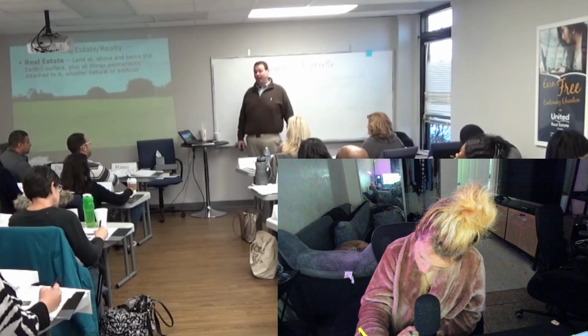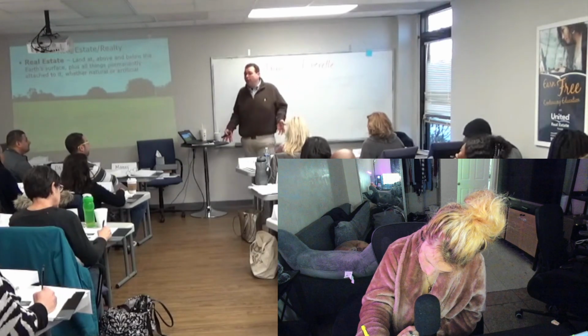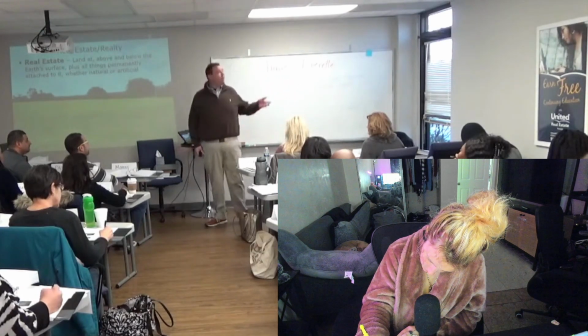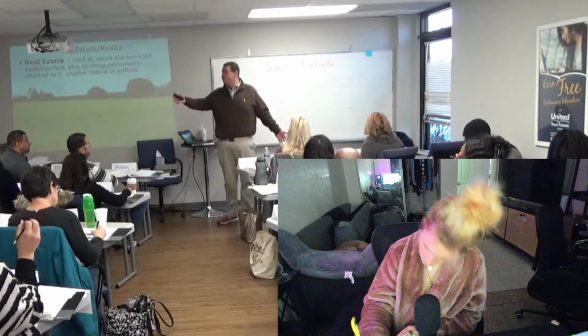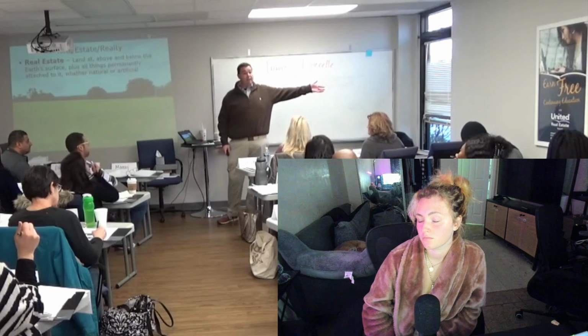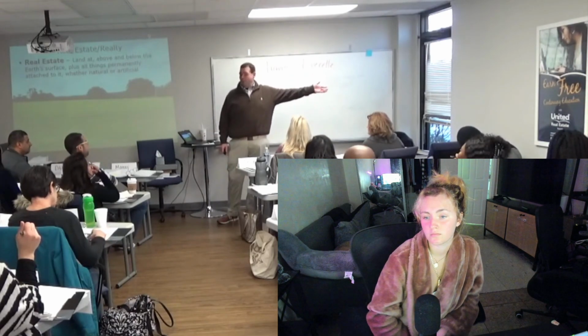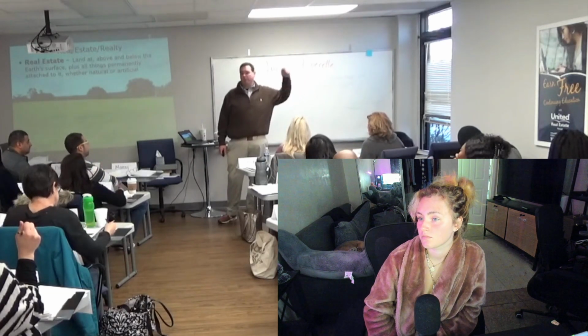Everything permanently attached to the land. Permanently attached could be things that people have built, like this building. What else is out there that's permanently attached? Those trees. Tarantula said the trees, right? Are they permanently attached? Yes. Absolutely. So are they part of the real estate? They absolutely are. Is that starting to make sense for you guys?